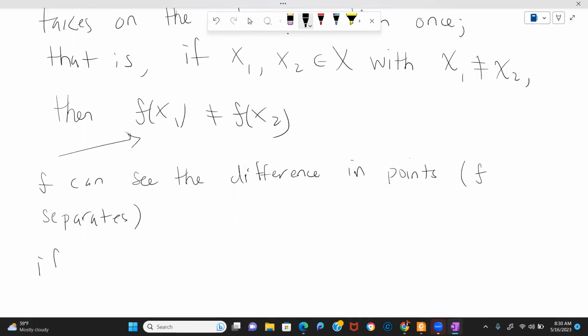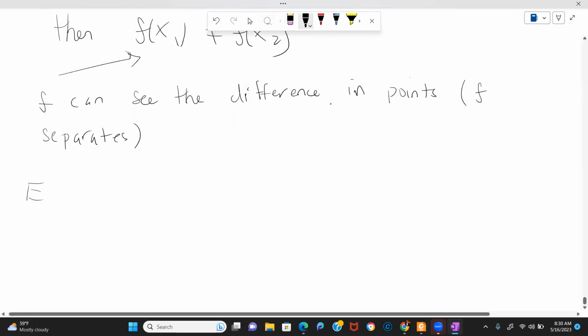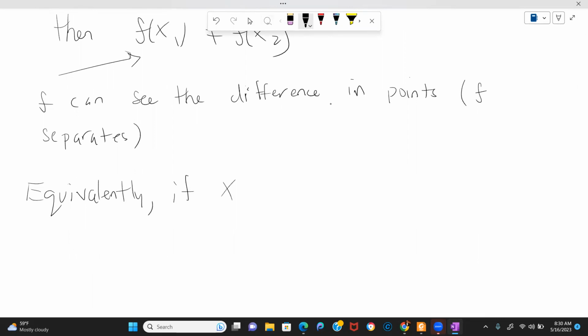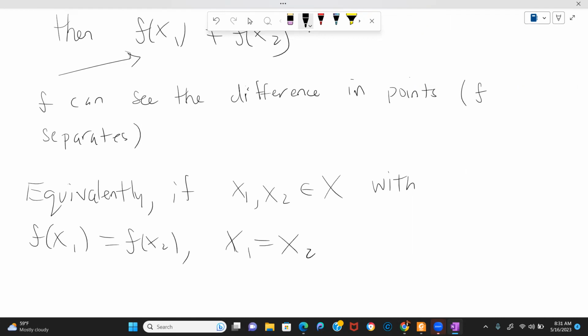Another way of thinking about this, equivalently: if x1, x2 are in x, and you know the outputs are the same, then that can only happen if x1 and x2 are the same.